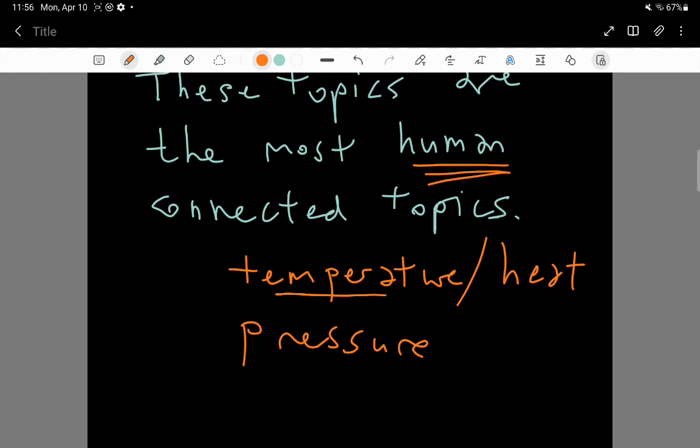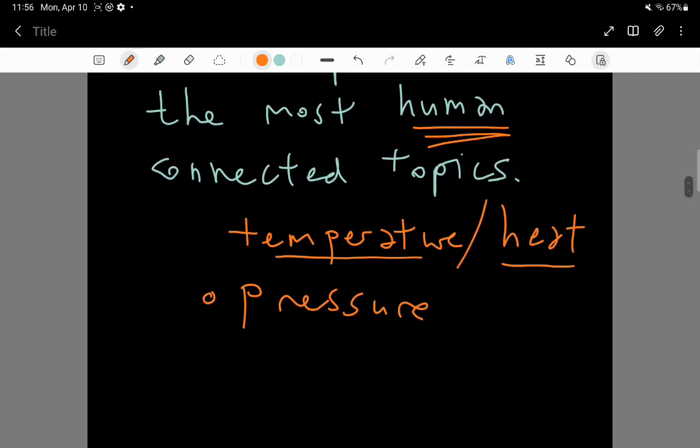And then is it warm or cold outside? When they touch something in a fire, do they get burnt by it? If you're paying attention to weather, you might notice pressure changes happening when high pressure or low pressure moves into an area, and how that's related to weather, whether or not it's going to be windy, whether or not there's going to be moisture or rain. So these are very human topics.